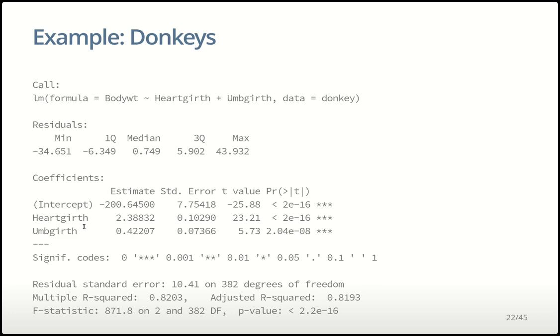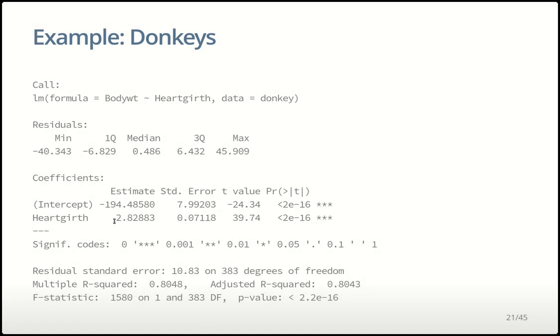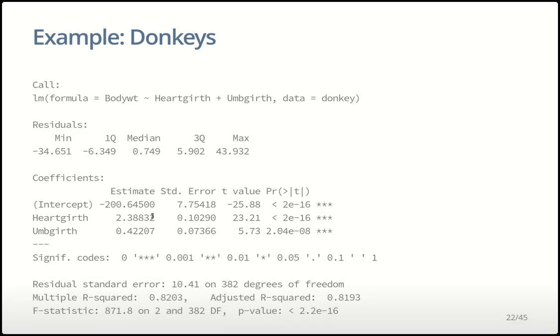You'll also note that the heart girth coefficient has changed. Before it was 2.83, and now it is 2.39. So your estimate for the effect of heart girth changes when you add other variables in.